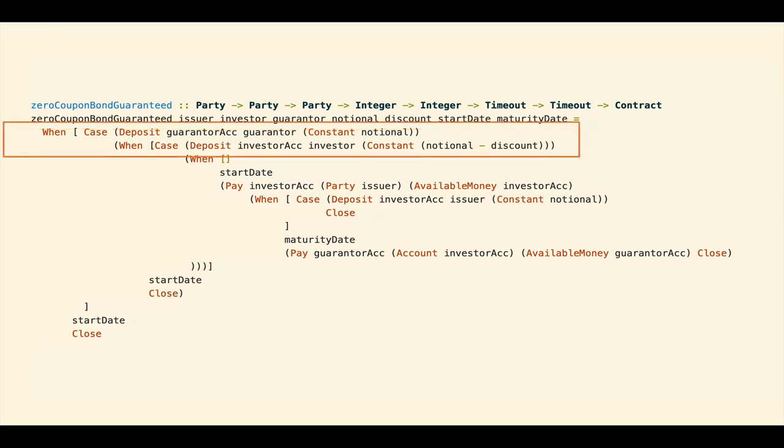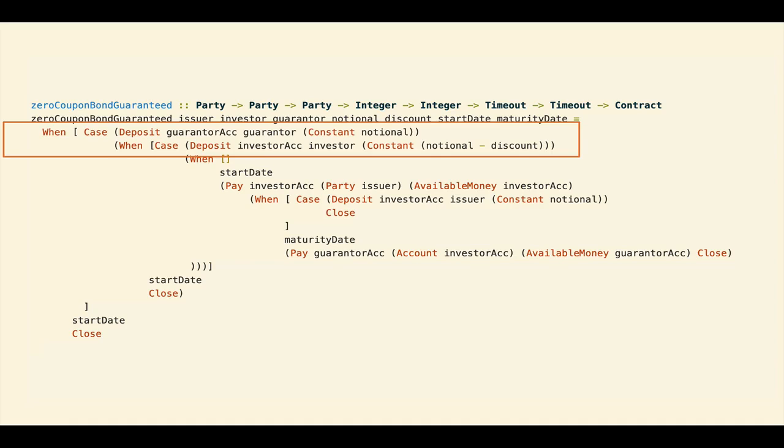What we do to start with is have a when construct with a single case in it. What we're doing here is we're waiting, first of all, for the guarantor to deposit in the contract the notional amount. And when that happens, we wait for the investor to deposit in the contract the notional amount minus the discount.